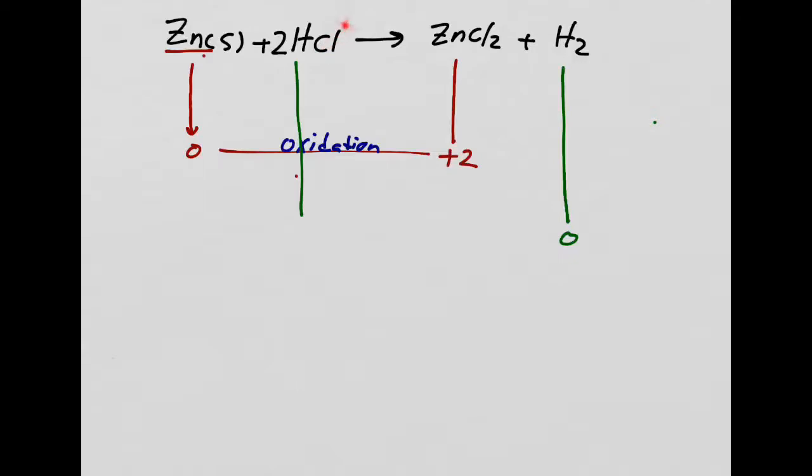Cl is minus 1, hydrogen is plus 1, right? Hydrogen is always plus 1, except H2, which is how it exists in nature. That's the elemental form, so the charge is 0. Here, Cl is minus, H is plus. I have an ionic compound, so plus going to 0. It became more negative. When you become more negative, you are reduction.